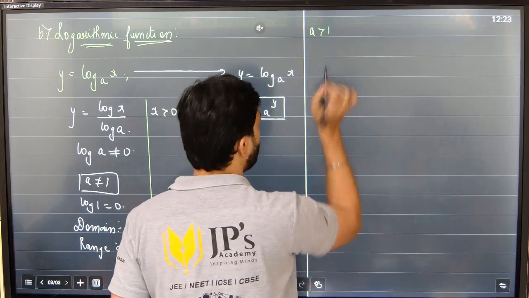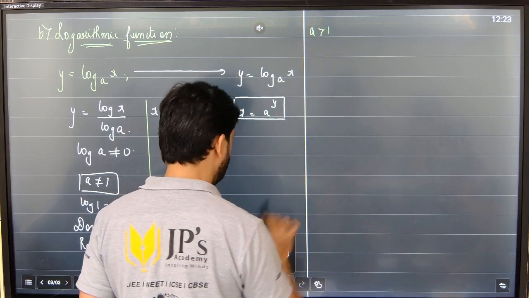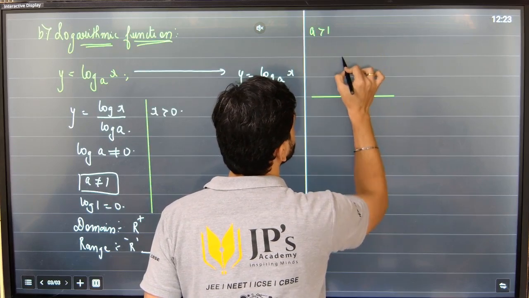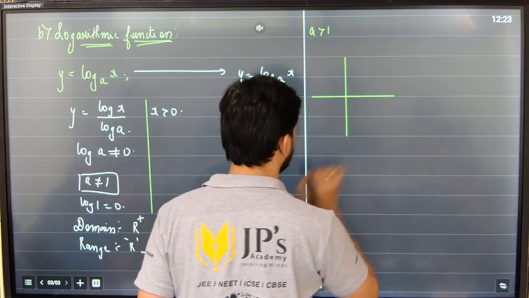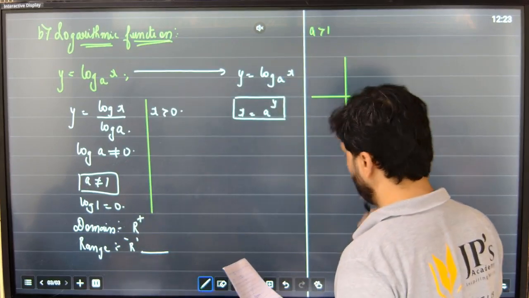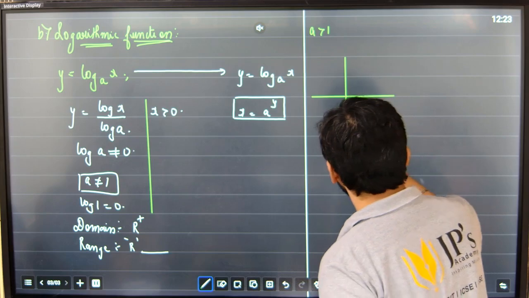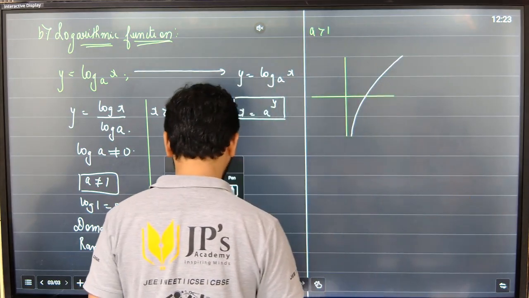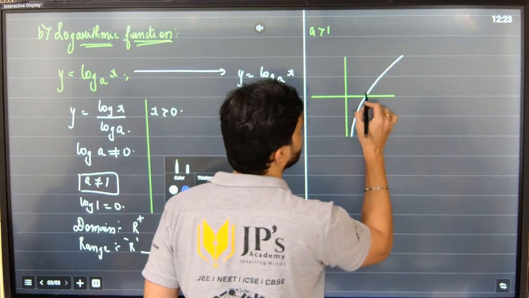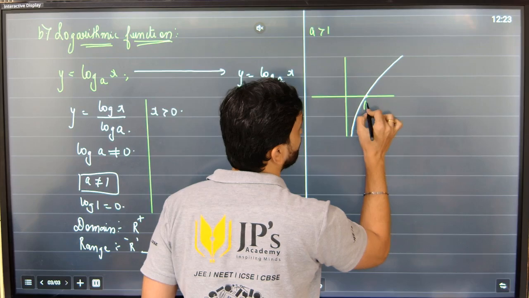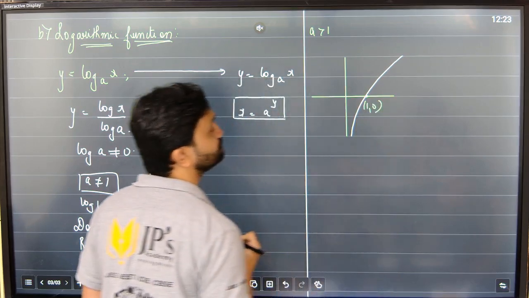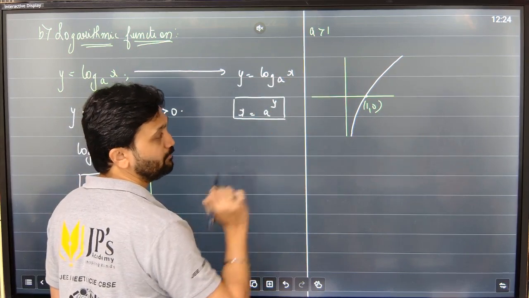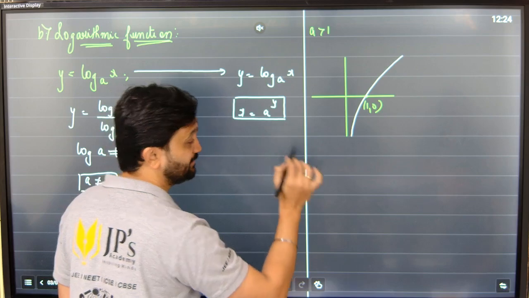Say for example मैंने a का वैल्यू 2 ले लिया, तो my graph is going to be something like this. देखो ये ऐसे रहेगा ग्राफ. 1,0. अगर मैंने x का वैल्यू 1 ले लिया, log 1 is 0, तो y will become 0. This is when a is greater than 1.